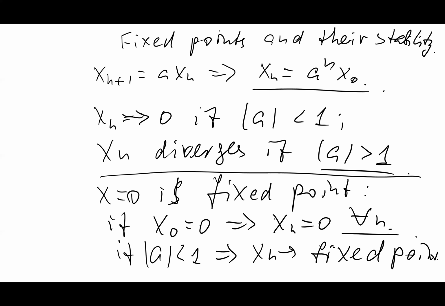A fixed point is a known solution, a stationary solution, and there are two classes of fixed points: fixed points to which other solutions converge, like in this case, or fixed points to which other solutions do not converge, like in this case. And these two cases correspond to two different classes of fixed points.